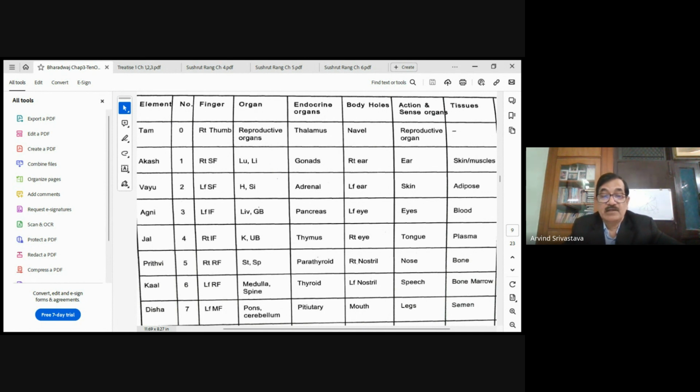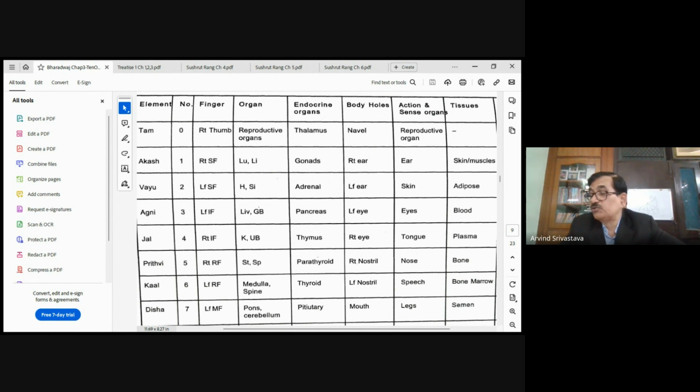And thyroid is just like the work of Kal. What is the work of Kal? Kal is responsible for your holistic development, that is, personality development. Kal, with the help of Vayu and Man, is most responsible for your personality development.